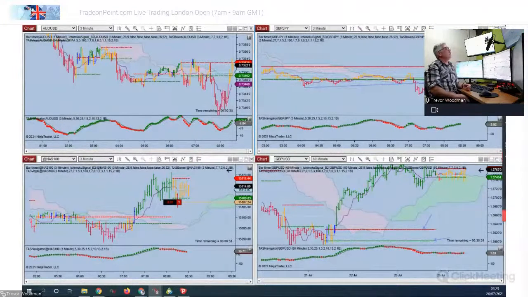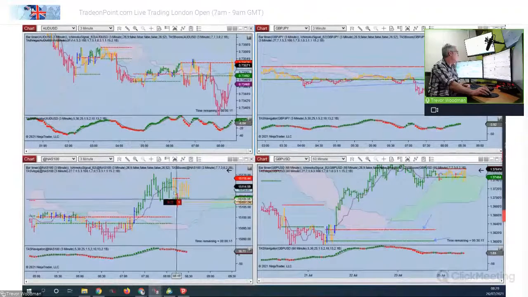So the German index has come down a little bit. It's still trading about 13 points above my entry on that one. The Nasdaq's pretty much at spread plus a little bit, so I'm not too concerned about that on my Nasdaq.